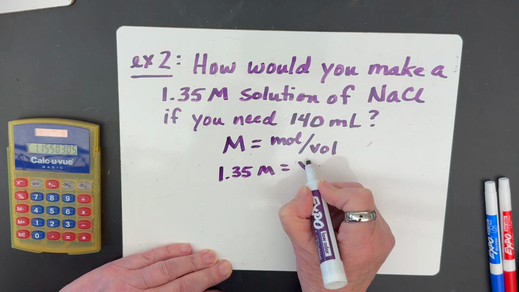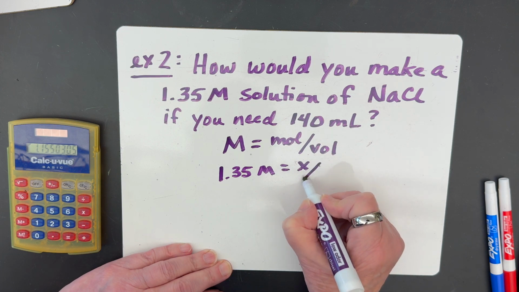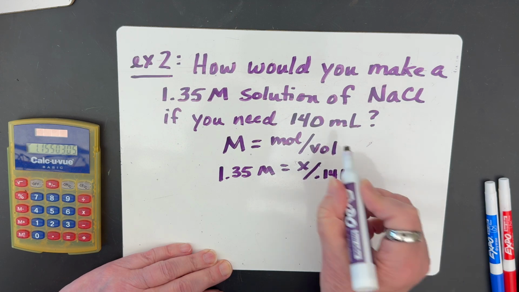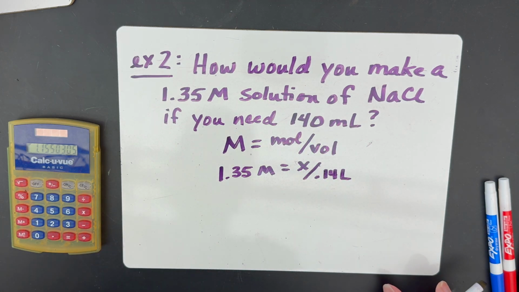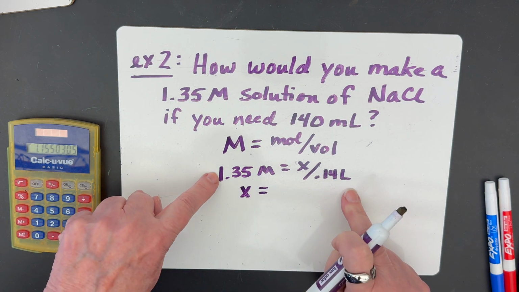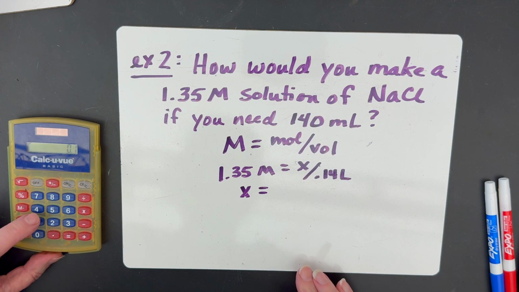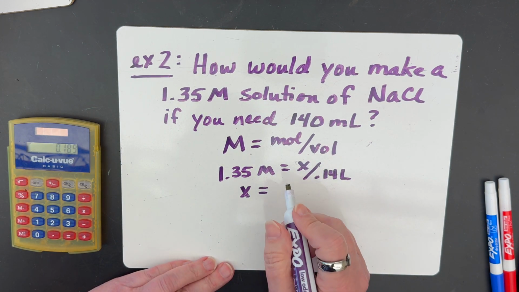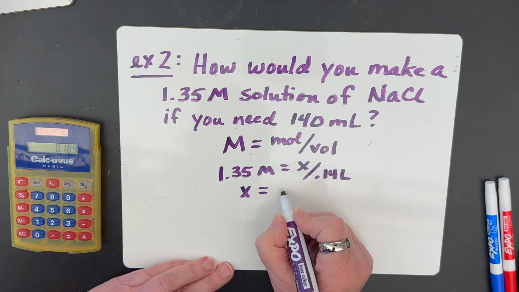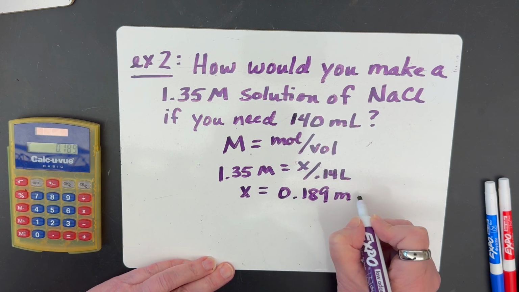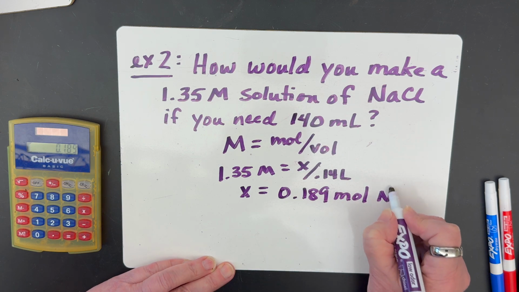We don't know how much solute to dissolve, but we know we want 0.14 liters. Convert that milliliters to liters by dividing by 1,000. So we can find, by multiplying both sides by 0.14, we know that our X, our moles of solute, is 0.189 moles of NaCl.